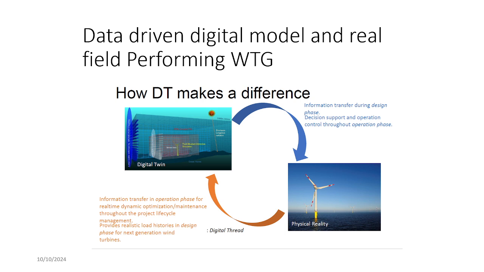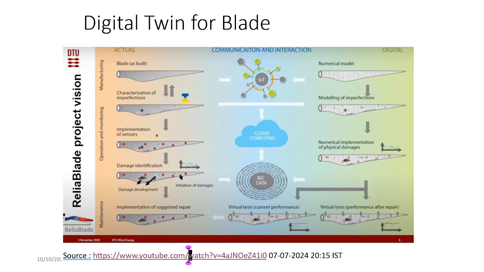Then digital twin also can be given for the blade. How the digital twin works is like this: in the manufacturing stage, a numerical model. In the operating and monitoring stage, there are sensors which will give modeling. If there is an imperfection identified in the field, that will come into the digital model, and analysis will be done.